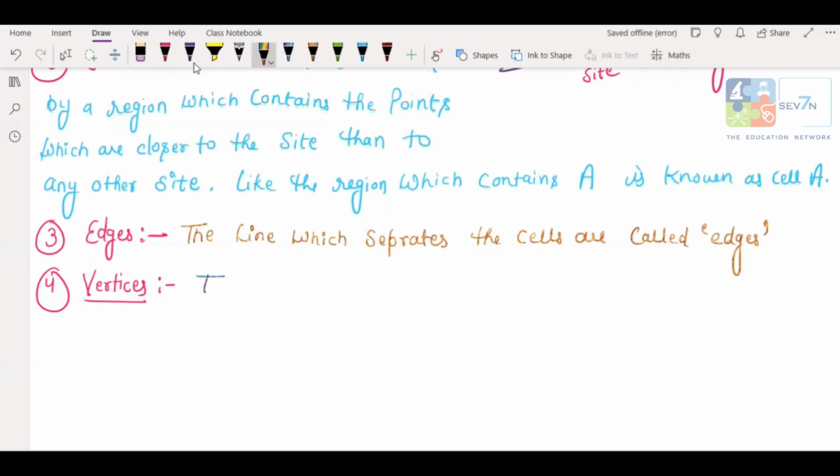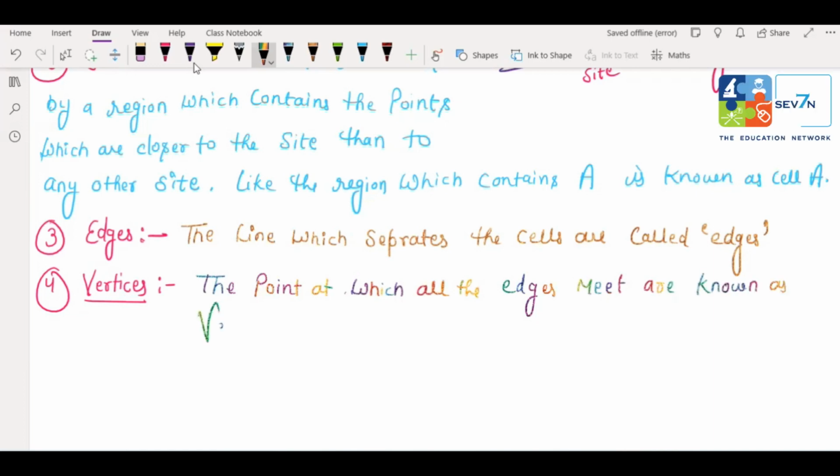So I write, the point at which all the edges meet are known as vertices. Correct? Any doubt?